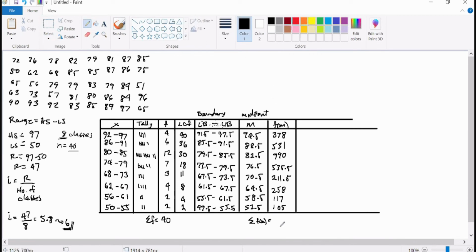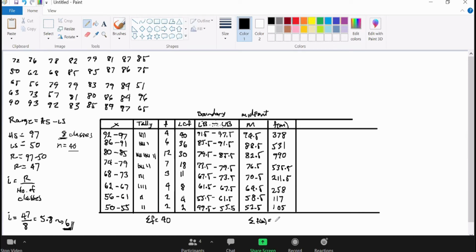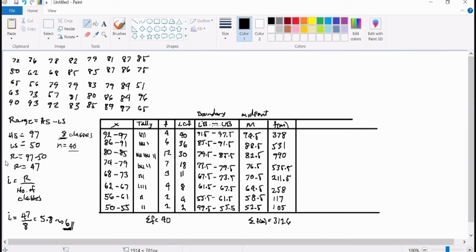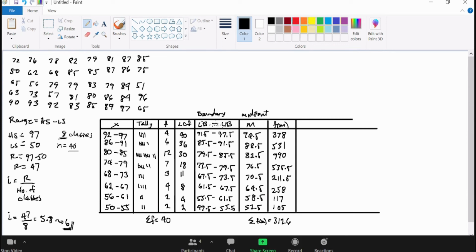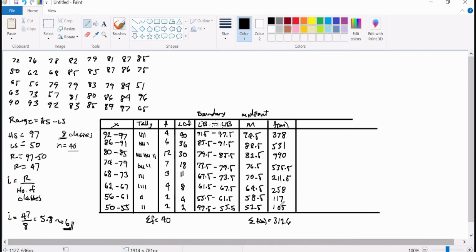Summation is... can someone confirm? Same? Yeah, it's the same. Okay, so with this one, we can now calculate our mean.